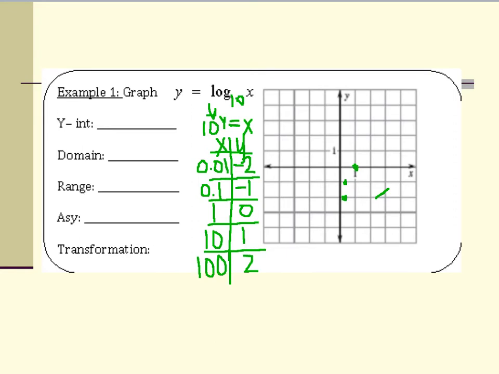And then 10, 1, well 10 is going to be way over here, and that's kind of off our graph. So we're just going to use these 3 points because these are the 3 that we can fit on there.